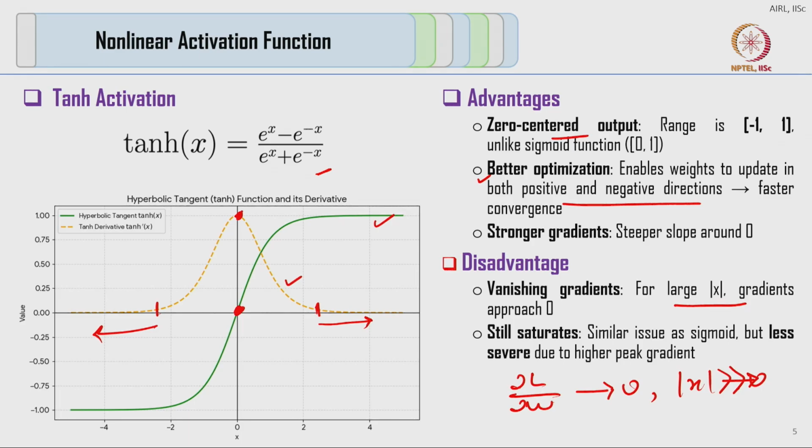So even the tanh activation function could result in vanishing gradient problems when the value of x is either very high or very low, which is either an extreme on the positive axis or an extreme on the negative axis.